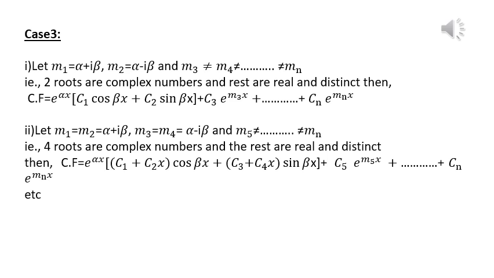I repeat, now m1, m2, two roots are equal, as alpha plus i beta. Third and fourth roots are also equal, they are alpha minus i beta. So totally four roots which are complex numbers.